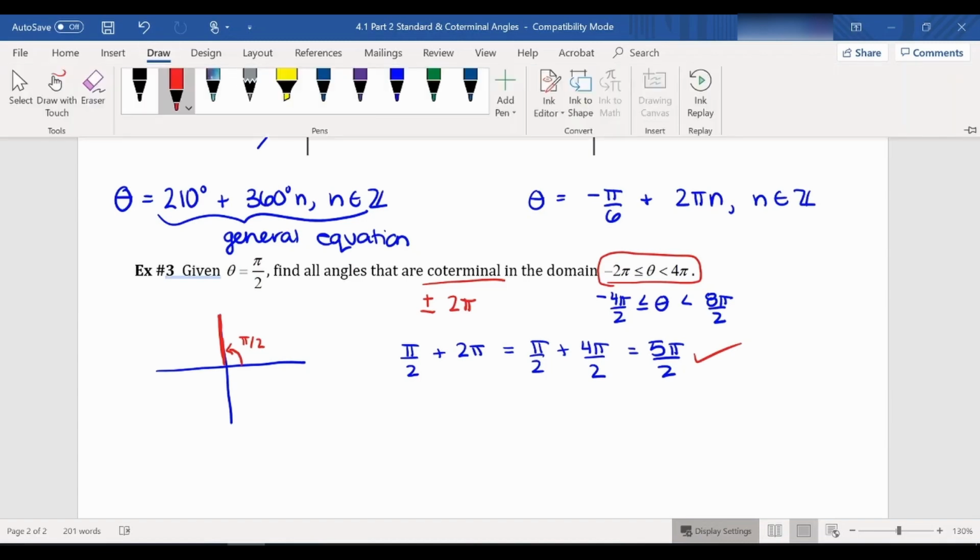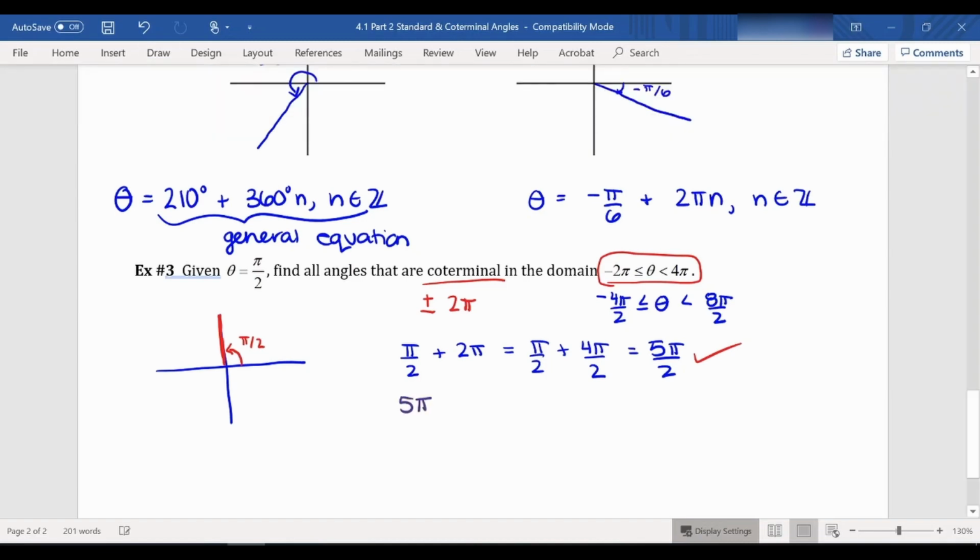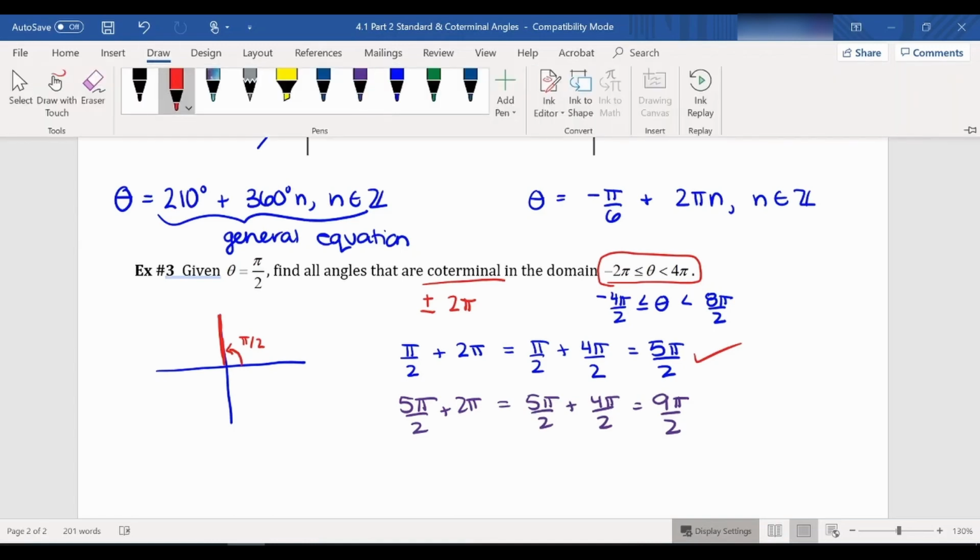Now, if I add another circle to this, I would have 5 pi over 2 plus 2 pi, which is 5 pi over 2 plus 4 pi over 2, which would give me 9 pi over 2. This does not work because 9 pi over 2 is not smaller than 8 pi over 2.